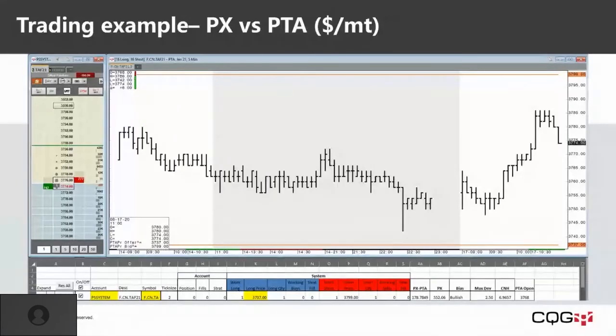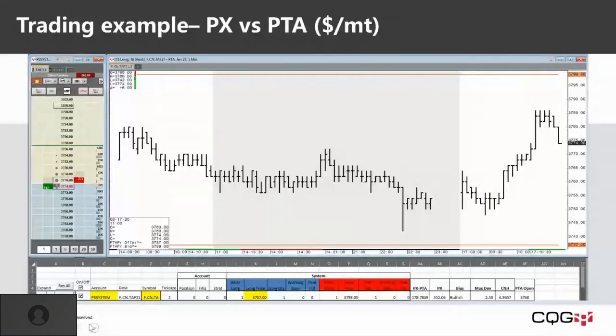In the example I'm going to show now, which is a recorded video, just to show you how this works, we're making use of Excel to provide the order prices to CQG so that CQG can place those orders.